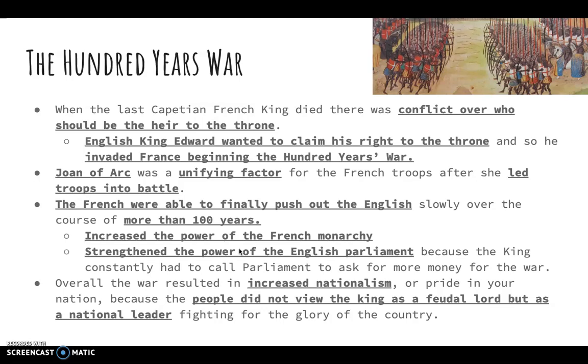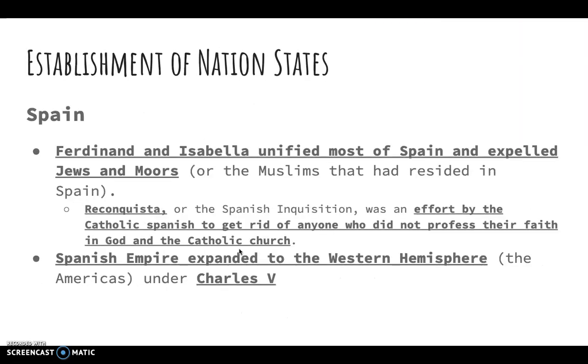Overall, this led to increased nationalism. People started to see themselves as French, as British. People didn't view the king as a feudal lord who gave protection, but as a national leader. They really tried to rally behind their particular country rather than for their own purposes.